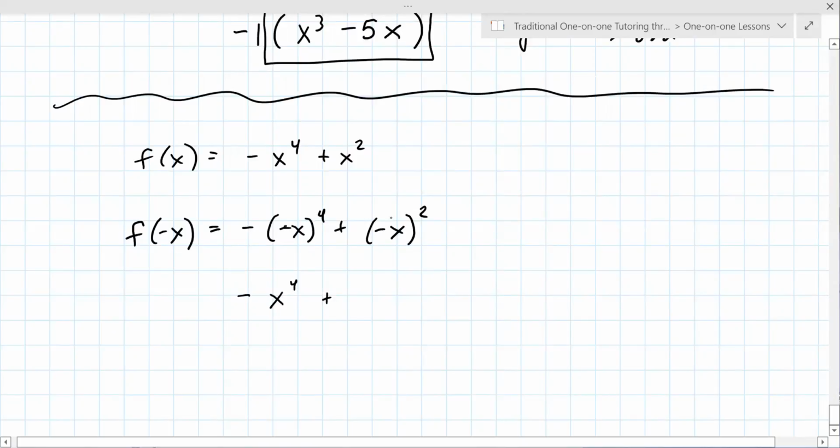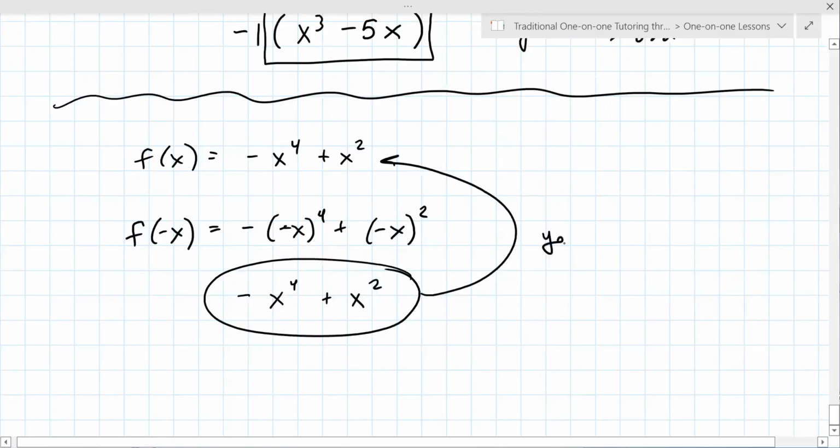Plus, same thing here, x squared. And you ask yourself, is this the same as the original? Yes. And so that's even. So the progression is check if it's even, factor out a -1, check if it's odd. If neither of those work, then it's a neither case. Okay.